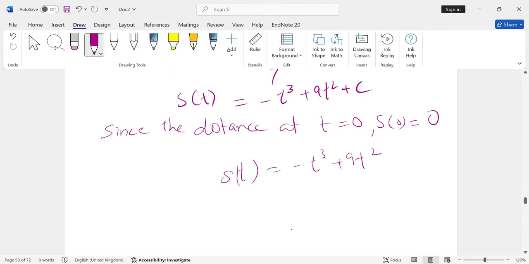Finally, we have to calculate the distance between town P and town T by evaluating s of t at the stopping time t equals 6 hours.